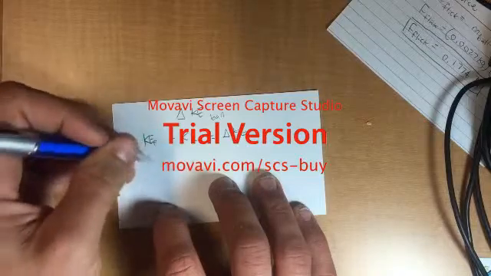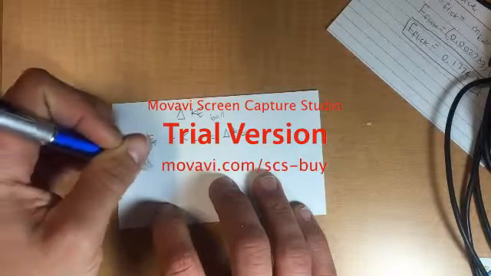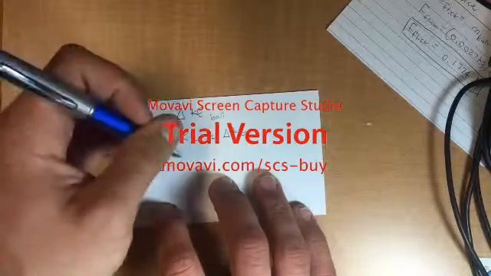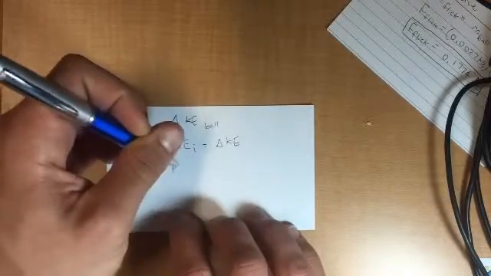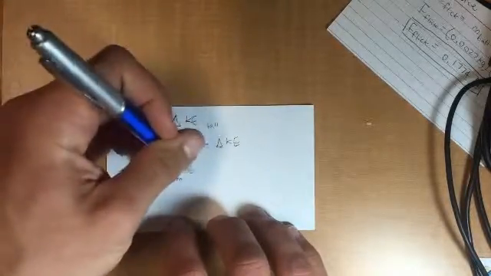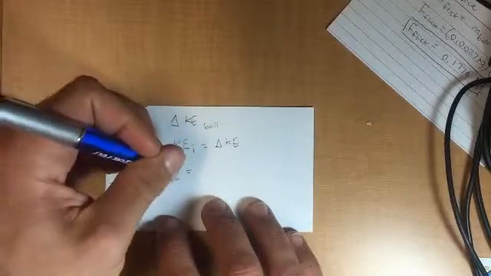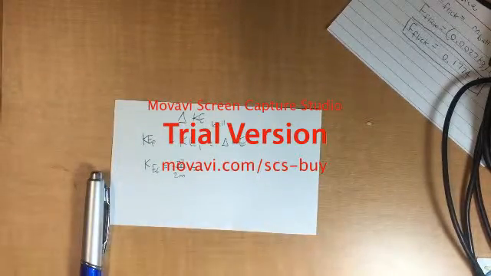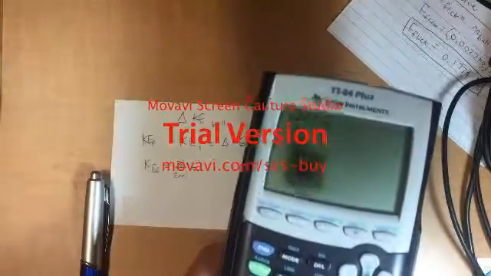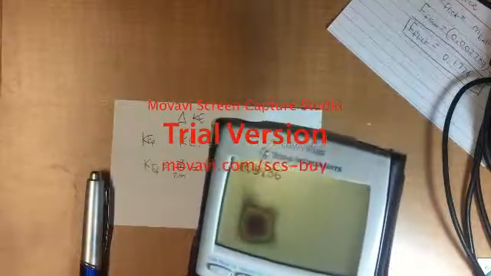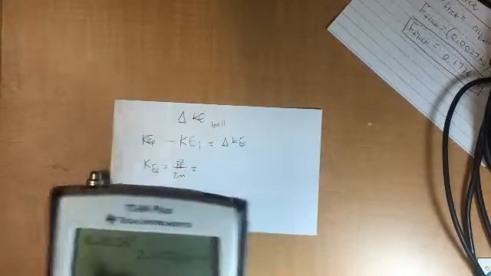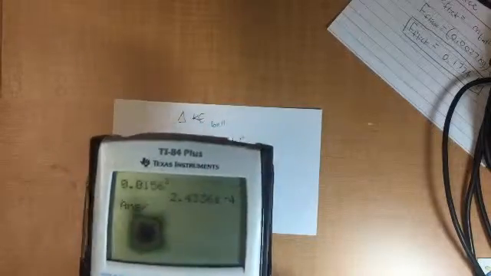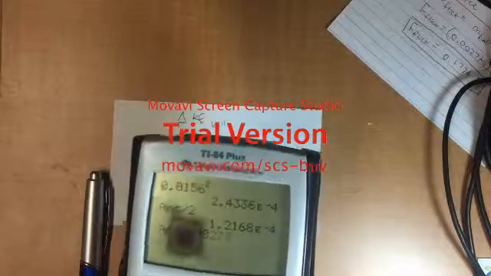So we have Kf equals p squared over 2m, where pf squared equals 0.0156 squared, divided by 2, divided by the mass, which is 0.0027.